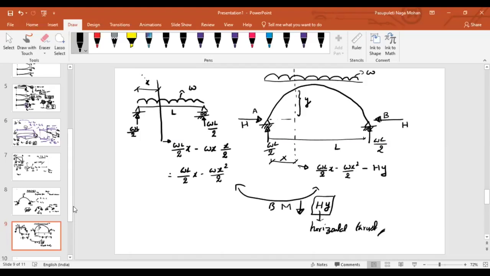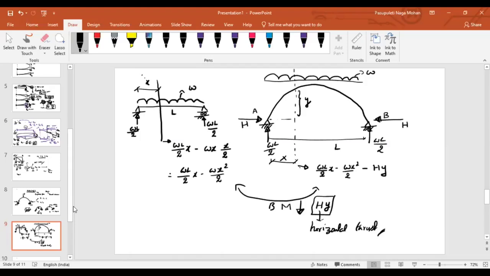So if you are coming to the arches, the problem with the arches is that horizontal thrust should develop. If you are creating a support and it is not strong enough to develop the horizontal thrust, then it will be of no use.